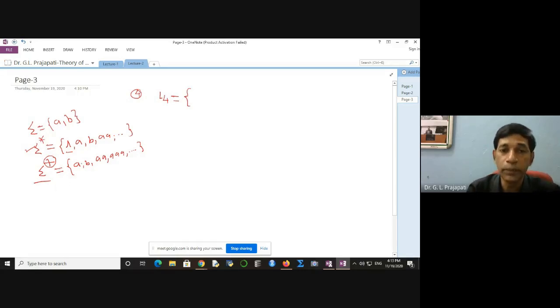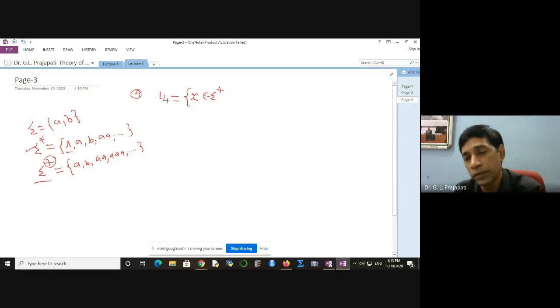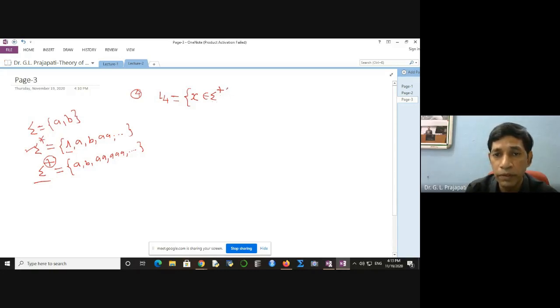So if you go for the language L4, then I will say that L4 contains the strings x which are taken from the set sigma plus. And here, whenever I say sigma plus, it means this set does not contain the null string. And next, I want to mention some condition here.